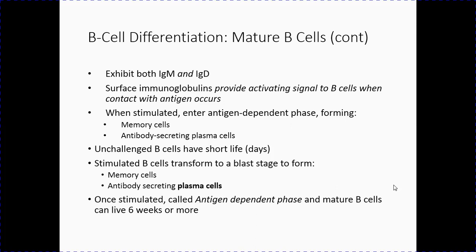IgM, we know, is the first responder of the immune system's antibody production. They're not super specific, but they do the job sort of by brute force, and we'll talk about that. But IgD, for the longest time, we didn't really know what it was. The way that I learned to remember it was IgD was the I don't know antibody.